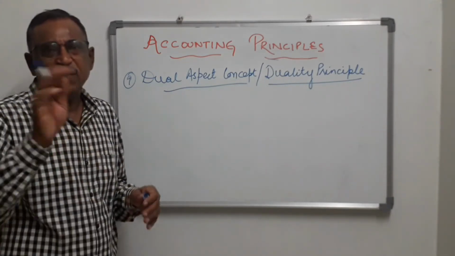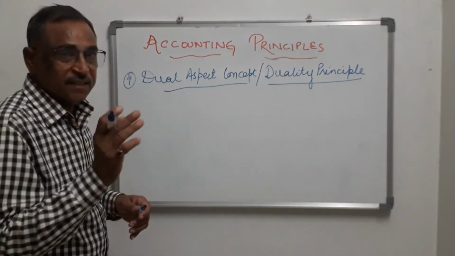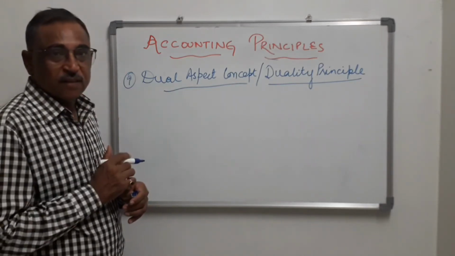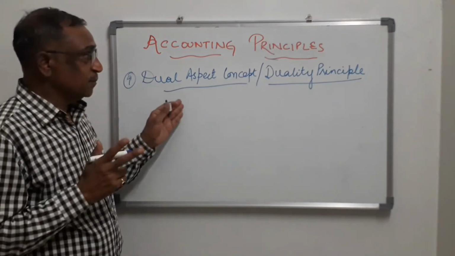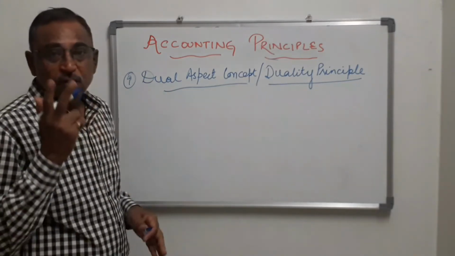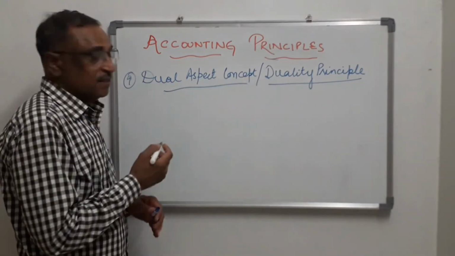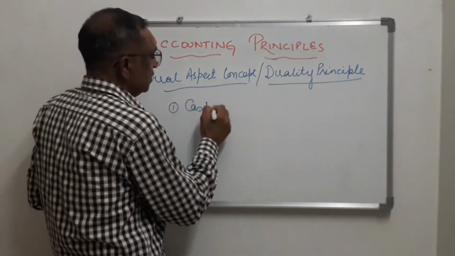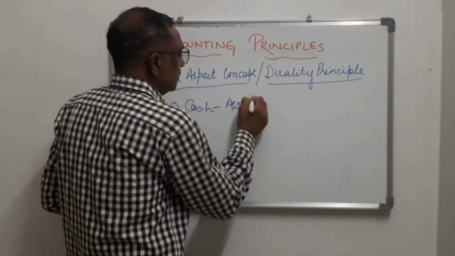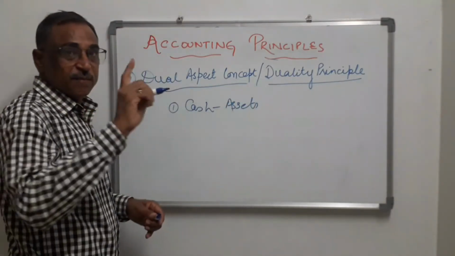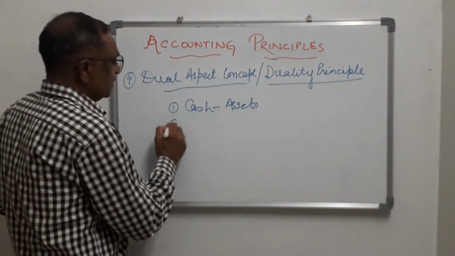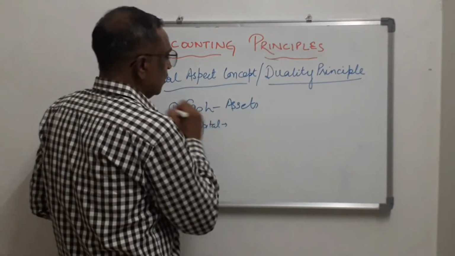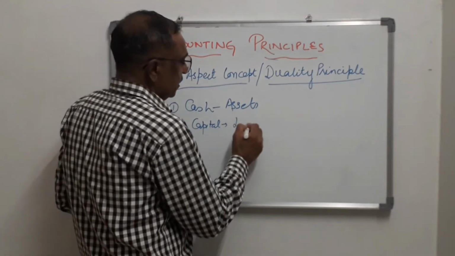For example, Ram started a business for rupees 2 lakhs. Now as per the dual aspect, there should be two aspects. One is cash, that is your asset, your business means. Second is the capital of the owner, it is a liability.